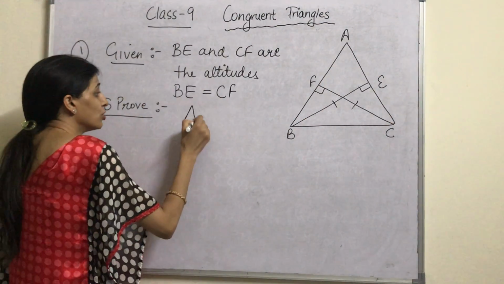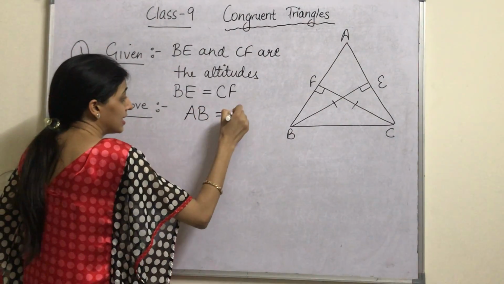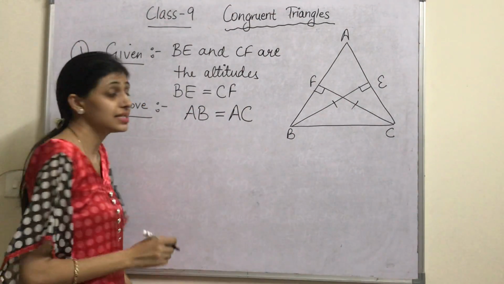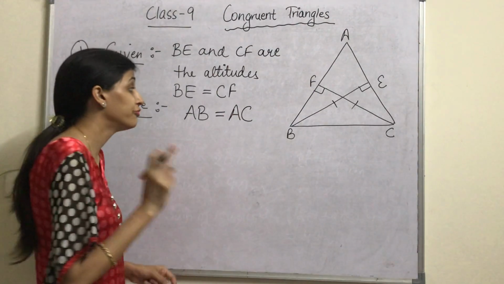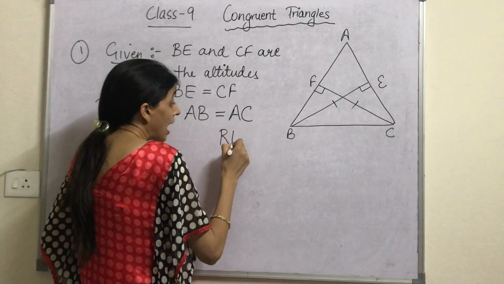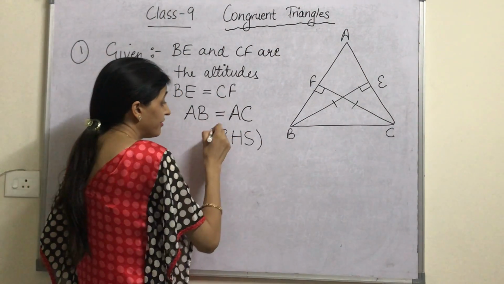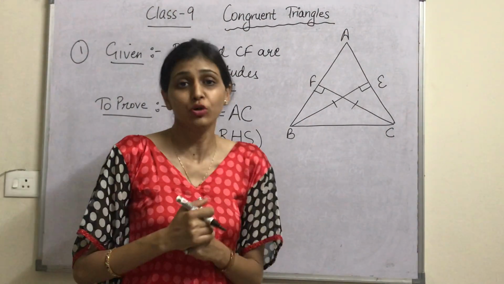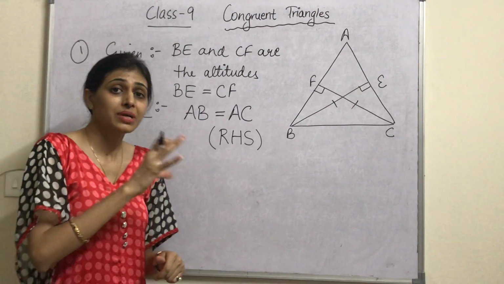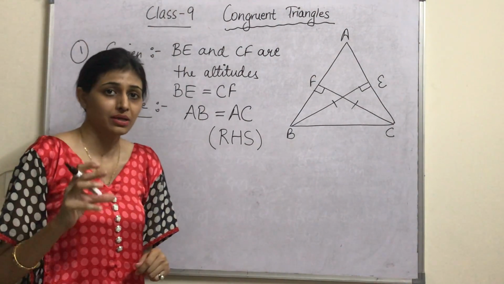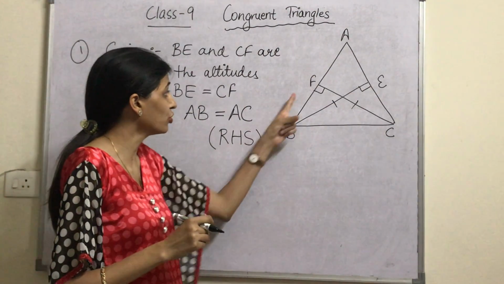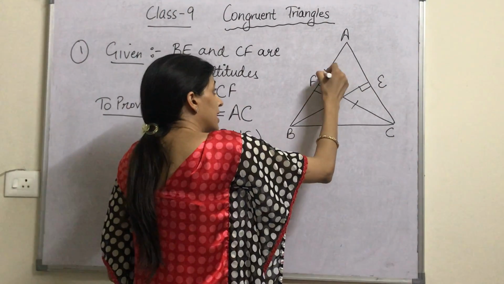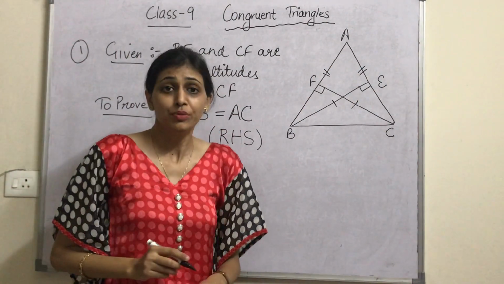With the help of the RHS property we have to do the proof. So we have to prove AB is equal to AC.